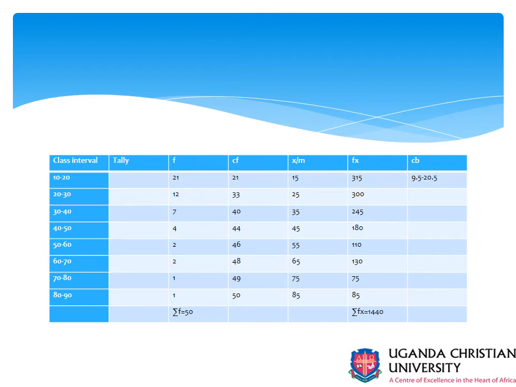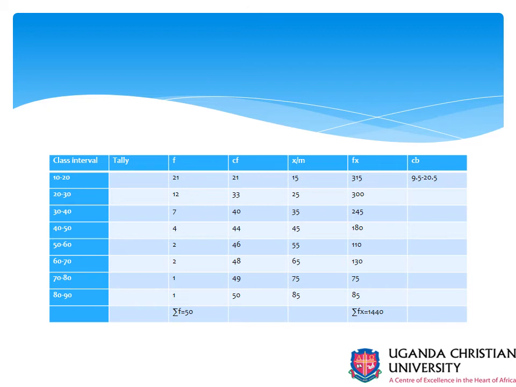So normally class boundaries are included on the table if the data that you collected was taken by measuring. If the data you collected was taken by measuring, so you had some fractions, you had some points in that kind of data, we represent that on a class boundary.